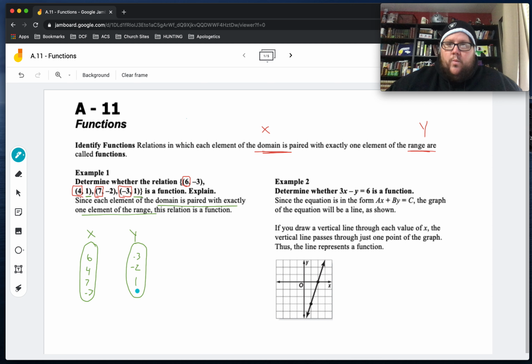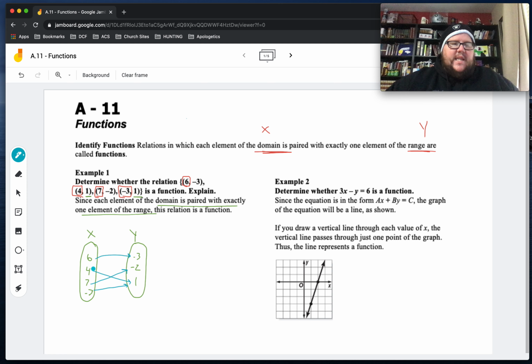We only wrote 1 once here because we don't need to write it twice. So 6 went to -3. 4 goes to 1. 7 goes to -2. And -3 goes to 1.